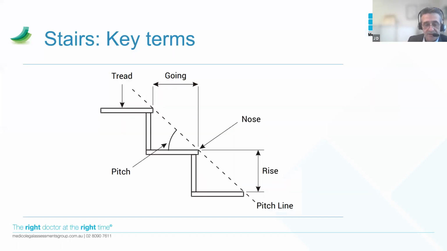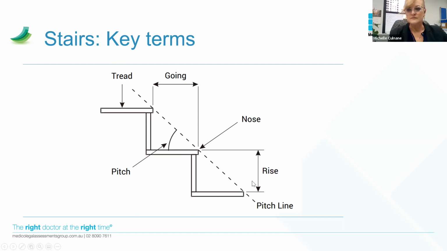To start off, I just need to go through some terminology that we'll be using through this presentation. The first is the nose or the nosing. This is the area at the leading edge of the step where most people place their foot as they're going down the step. The second is the going dimension, which is the horizontal distance between the nosings from one step to another.